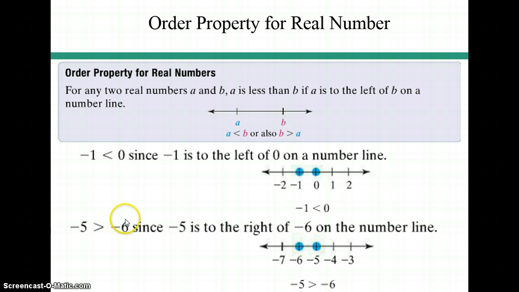Let us discuss another example. -5 is greater than -6. Here -6 is left to the -5, so -6 is less than -5, or we can say -5 is greater than -6.